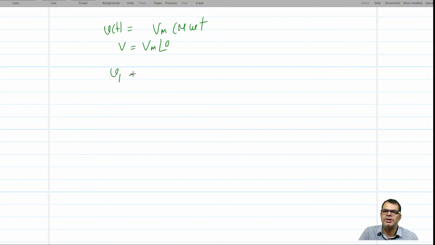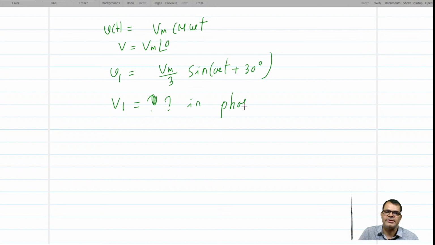Now at some other part of the network you observe Vm upon 3 sin(omega t plus 30 degree). So then what is V1 in phasor notation?